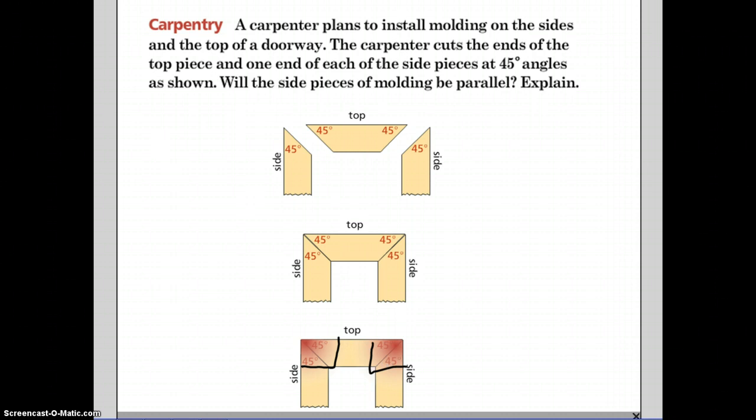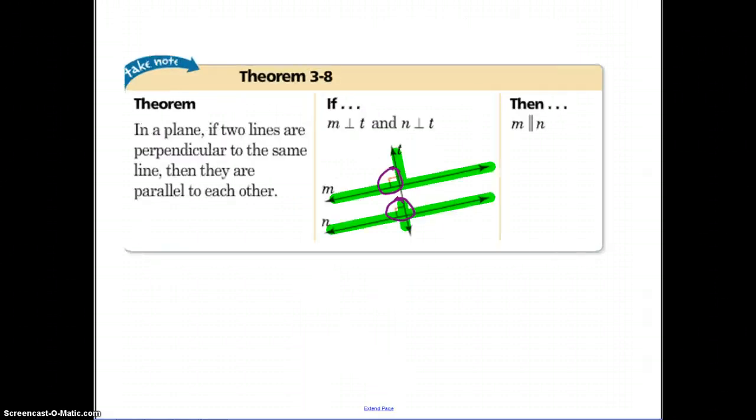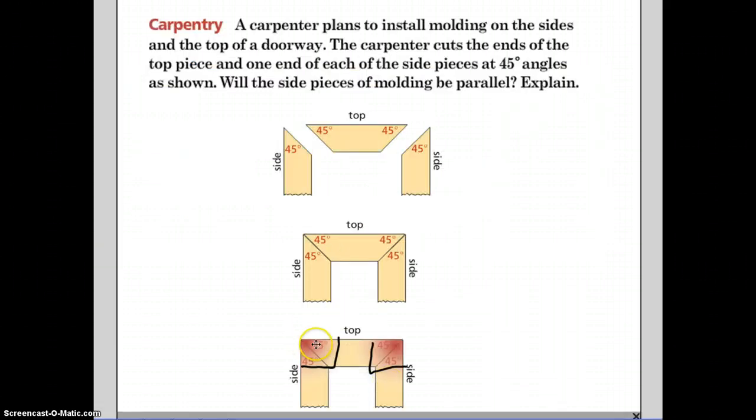Well, we can go back to this theorem that says if we have two lines perpendicular to the same line, then our lines are parallel. If you go back to this picture, this line right here is perpendicular and this line right here is perpendicular, all to the same line here, which lets me know that this side will be parallel to this side.